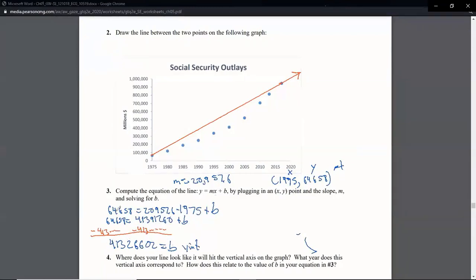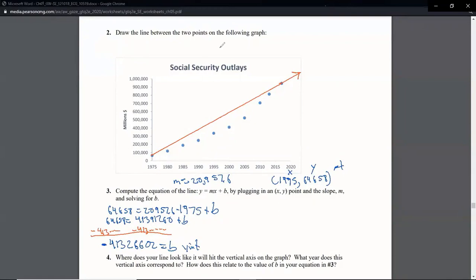I have this as a positive value, but if you take 64,000 minus that number, which is really 41 million, this is definitely going to be a negative. So I was trying to keep you on your toes there. So that's a negative b value, which quite often negative b values don't make sense, especially when talking about money for an expense or population size or something like that.